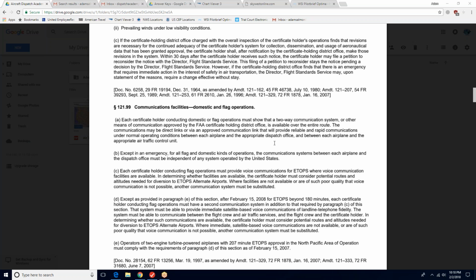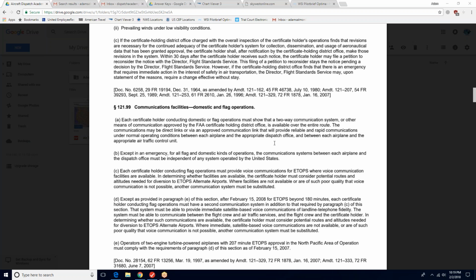So if you're ever getting up and stepping away from your desk, you always need to have another dispatcher watching your communications and watching your flights for you. Obviously, we get up, we go to the bathroom, we go eat, we do all that stuff. But dispatchers don't have scheduled breaks or lunch or anything like that.